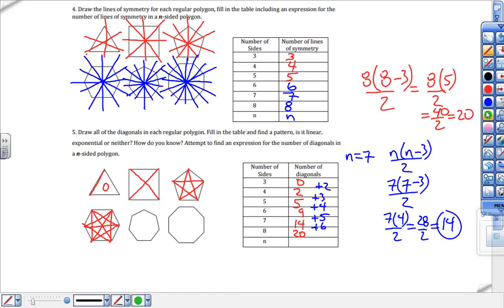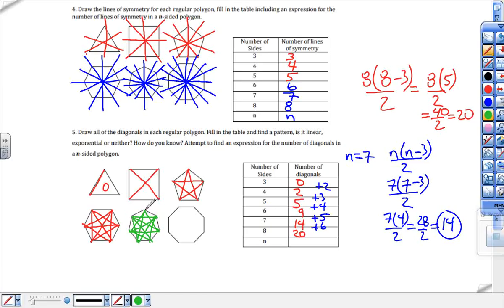Let me see if I could try to draw some of them. So 1, 2, 3, 4, 5, 6, 7, 8, 9, 10, 11, 12, and then I lost track.